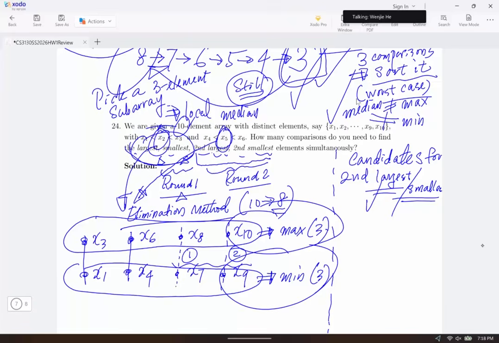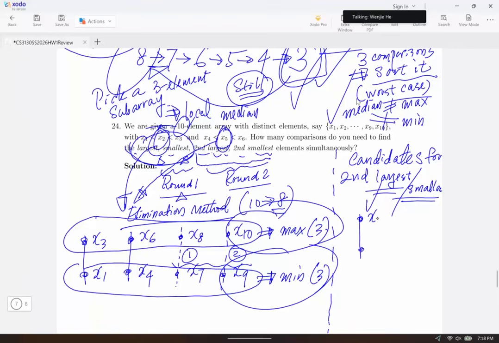We don't want to miss any possibility. These two elements are special with respect to other elements; they have some special properties.